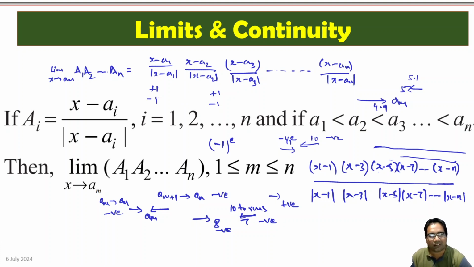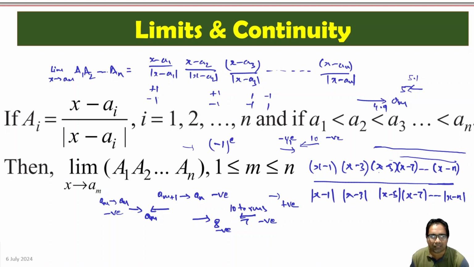When you are approaching from the right hand side, you get either plus 1 or minus 1 depending on the number of terms towards the right of it. But when you approach from the left hand side, you get the opposite. If one side it is even, the other side it is odd. So if one side you get the limit as 1, the other side you get minus 1, or otherwise.